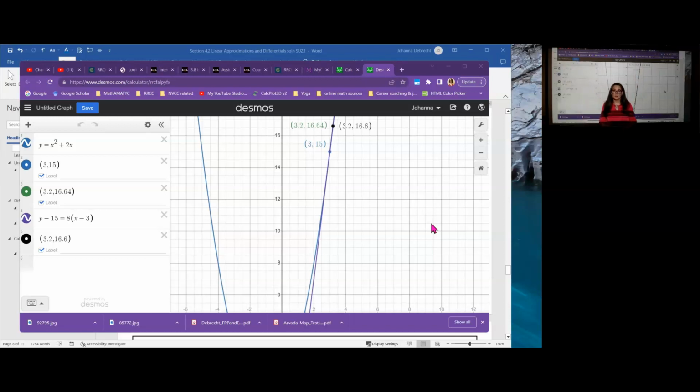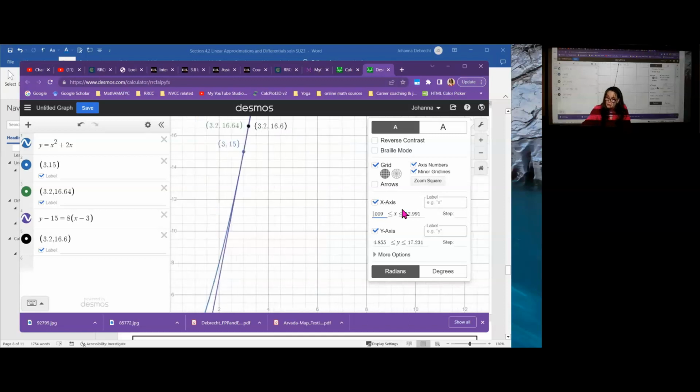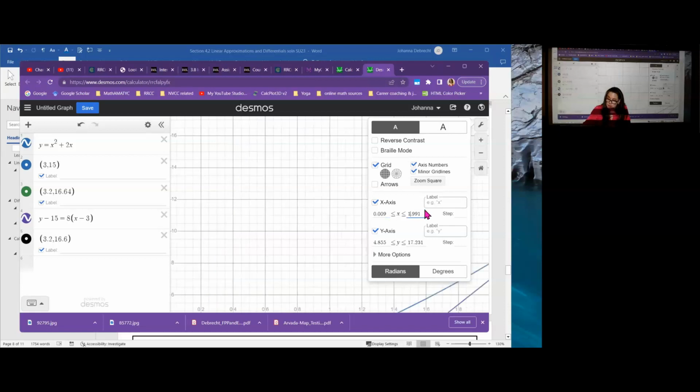The only way we're going to be able to see it is by changing the scale. I need to zero in and zoom in on the region around 3. I know I want to go up to 3.2 or so. So I'm going to go ahead and evaluate between, let's say, 0 and 4.